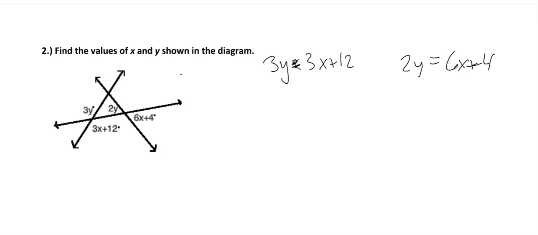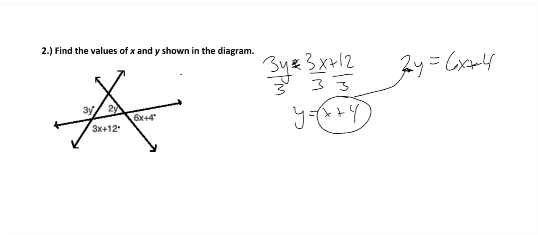Substitution. So let's go ahead and solve this. Divide by 3, divide by 3, divide by 3. You end up with y equals x plus 4. Do you remember how to solve by substitution? You grab what y equals and substitute it into the other. So this is 2 times x plus 4 equals 6x plus 4.